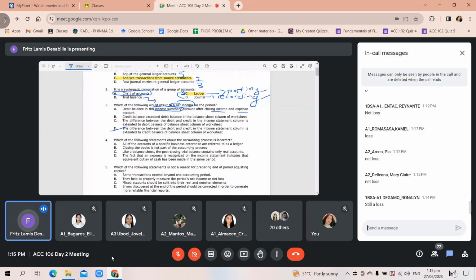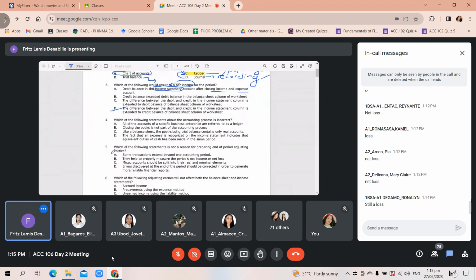Mao na pasabot sa letter D. In the balance sheet, or the statement of financial position columns, if the total of the debits exceed the total of the credits, there is also net income. Okay? Sige. Balance sheet akong gingon na statement of financial position. So again, if credit is higher than debits in the income statement, net income. In the balance sheet, if debit is higher than credit, that's net income. Okay. So answer number 3, letter D.